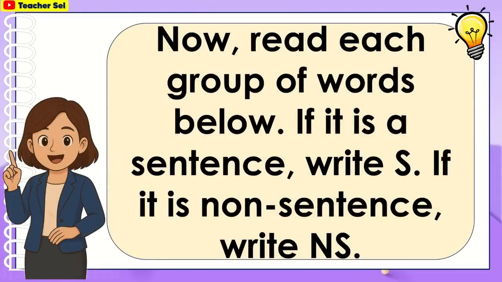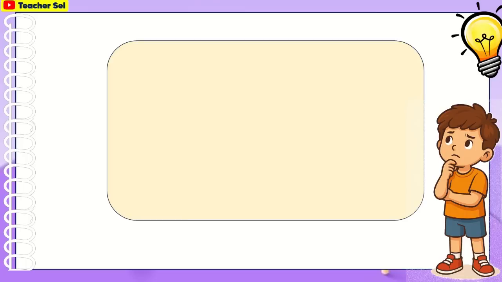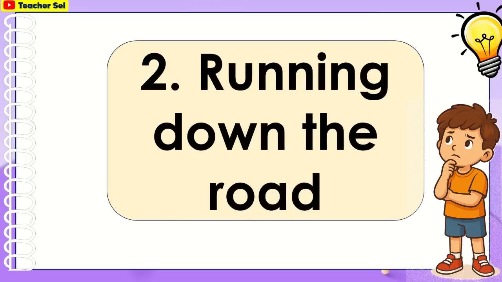Now, read each group of words below. If it is a sentence, write S. If it is a non-sentence, write NS. The birds soar high in the sky. S. Running down the road. NS.